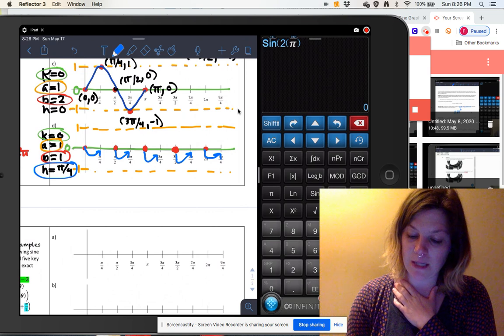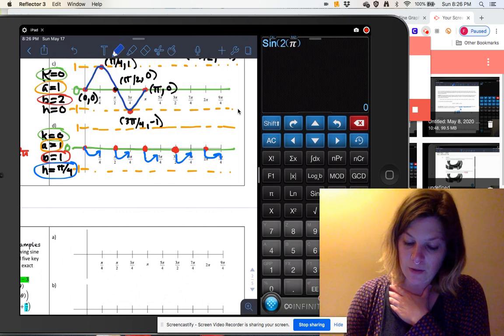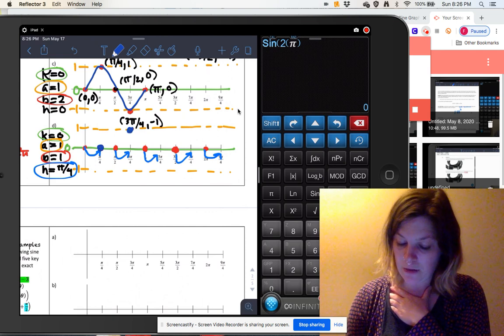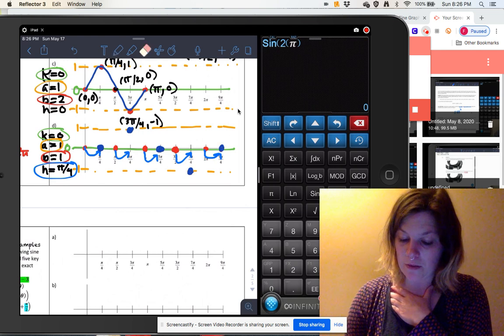All right, so what does that mean for the points that we need to graph? It means that we're going to start at 0 here. We're going to go up to the 1 here, down to 0 here, down to -1 here, and up to 0 right there.